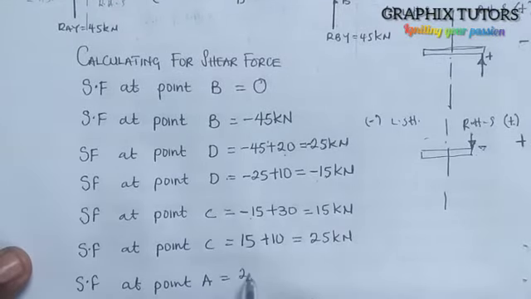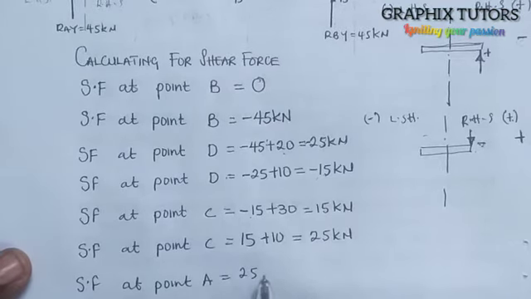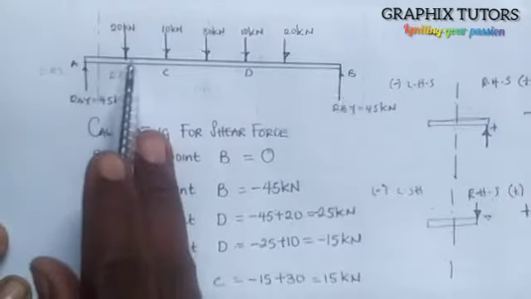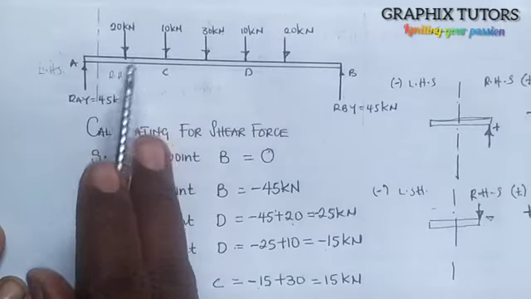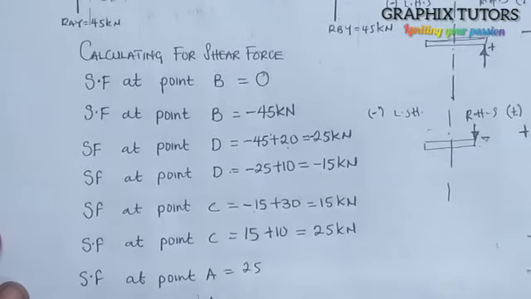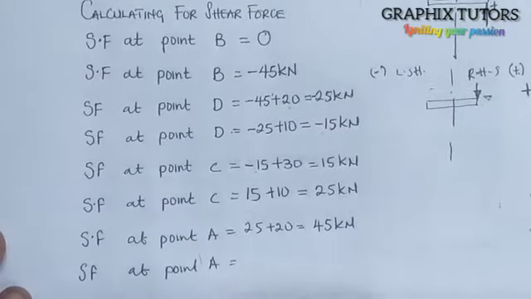I'll write out the 25 kilonewton here. Then the new introduced force is 20 and it's facing down at the right hand side. So when it's facing down at the right hand side, the shear force is positive. So we plus 20. Plus 20 equals to, that will give me 45 kilonewton, right? So doing that, I'm going to put my final answer here. So this will give me 45, right?